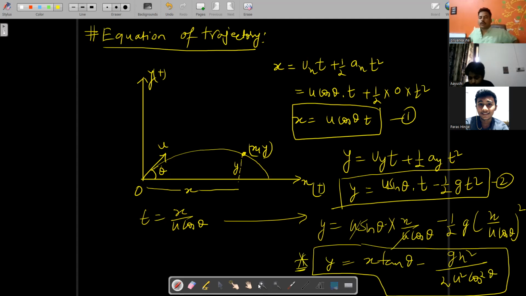Note it down. So the equation of trajectory is y equal to x tan theta minus g x square upon 2 u square cos square theta. Note it down.